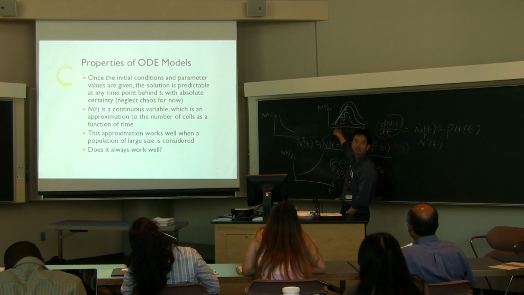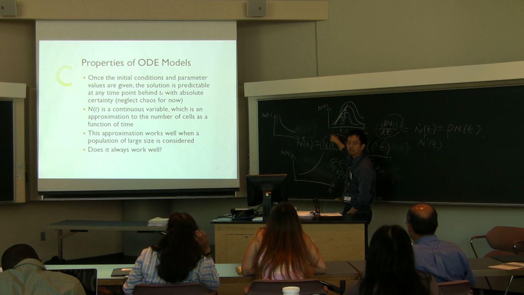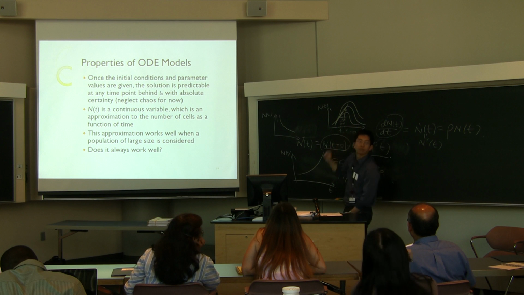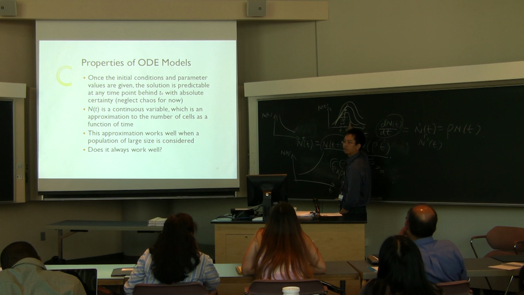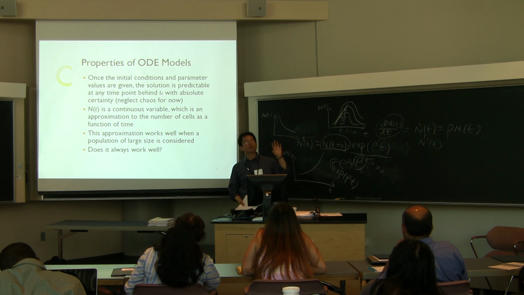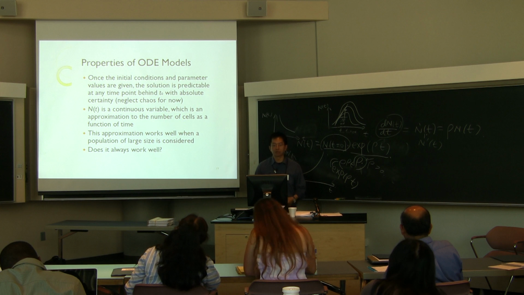You plug in one specific parameter value and give it a specific initial condition, then you will have a unique curve. Remember that curve is unique, and you can tell every detail about any data point on this curve, for example, what its value is. That's why it's called a deterministic model. Again, that's our classification of models.